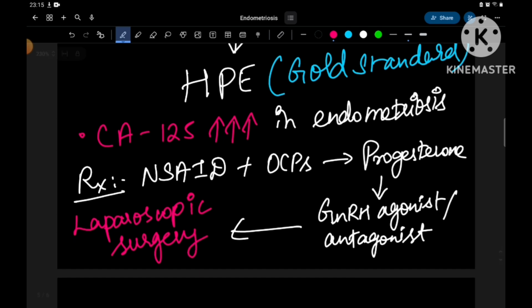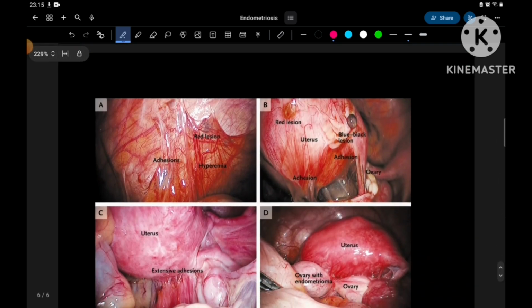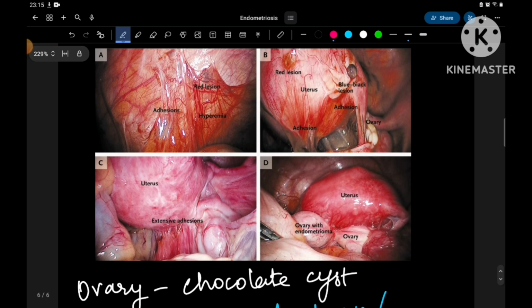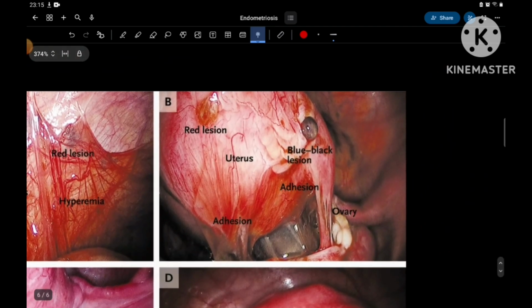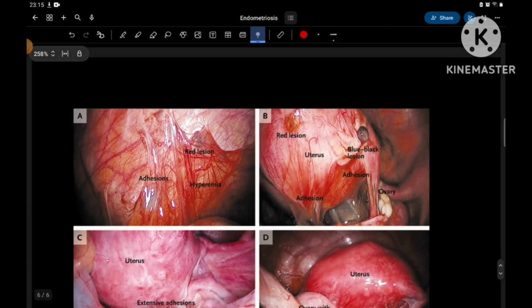Right guys? So you can see the signs here. Here you can see the red lesion. You can see adhesions here. That is a blue-black lesion. What is this? This is a powdery or gunshot appearance. I'll just zoom it. Okay, this image is available in the New England Journal.